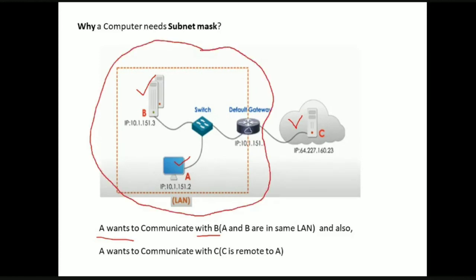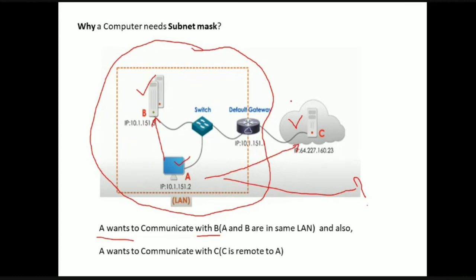A wants to communicate with B and also with C. But as humans, we see and observe that this belongs to the same LAN. But how does A come to know whether B belongs to the same network or not, or whether C belongs to the same network or not?